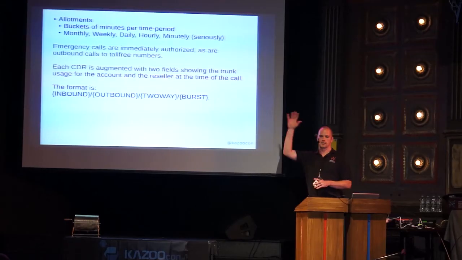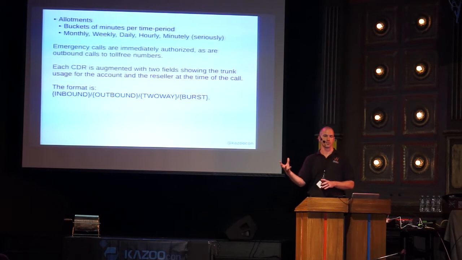Some caveats: emergency calls are immediately authorized. So if you haven't used Kazoo much, there is a classifications list of regexes that help Kazoo classify the type of number being dialed. So things like toll-free, international, if it's a US DID, those are sort of the defaults.